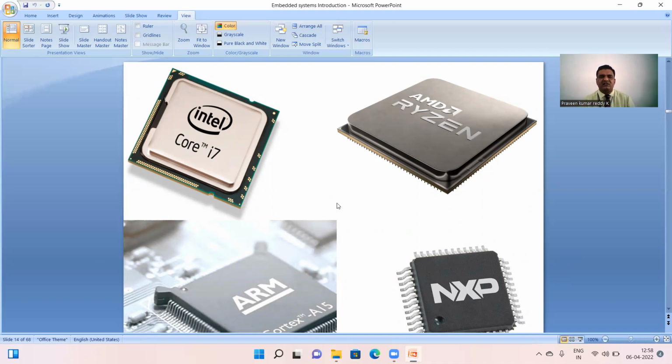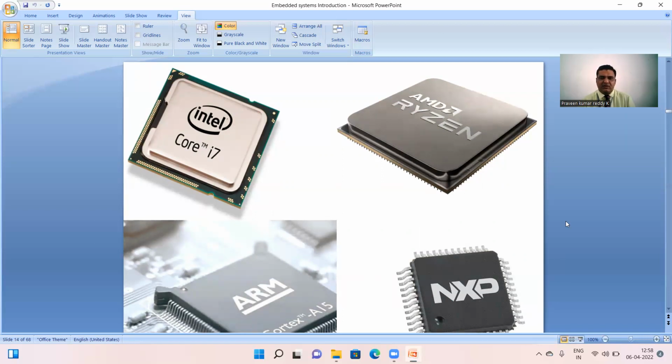So how do we select these for the application? There are three factors we majorly consider: the clock speed, meaning how fast your processor works, the power consumption, meaning how little power it will take, and how much area it occupies on the PCB. These three factors play a major role.